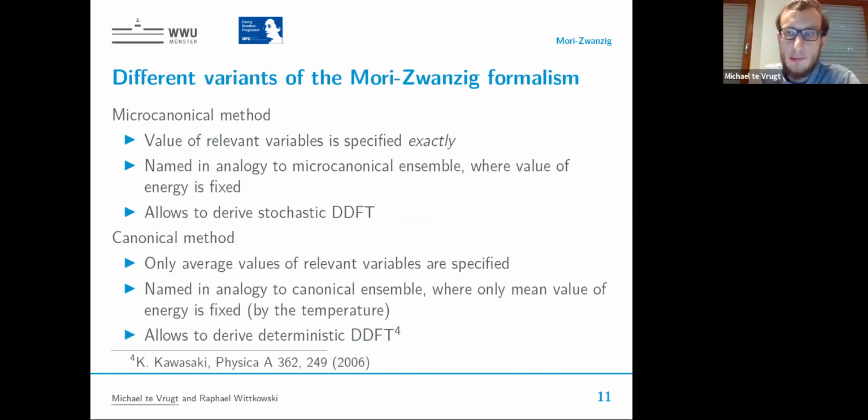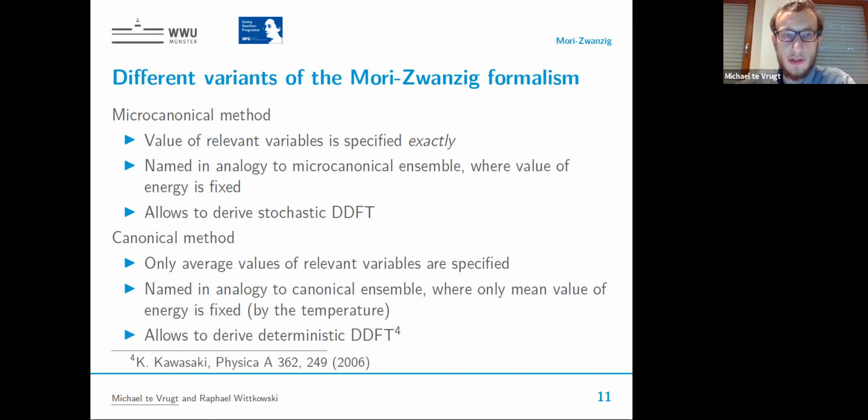So the Mori-Zwanzig formalism comes in different variants. The one I'm focusing on here is the canonical method, where you fix the average values of the relevant variables, in analogy to the canonical ensemble, where you specify the temperature and thereby fix the mean value of the energy. And this is what gives you deterministic DDFT.